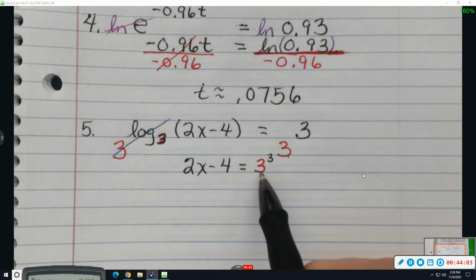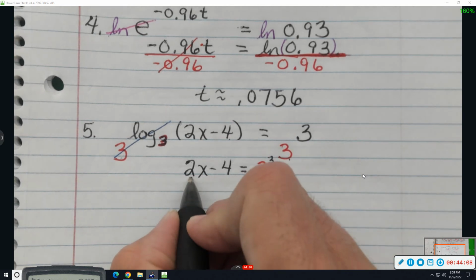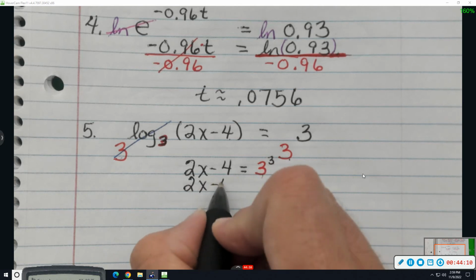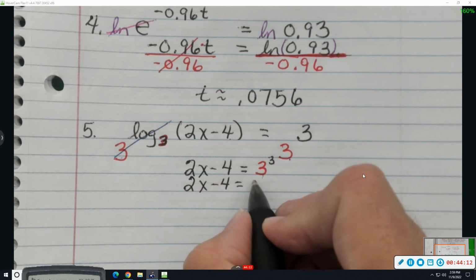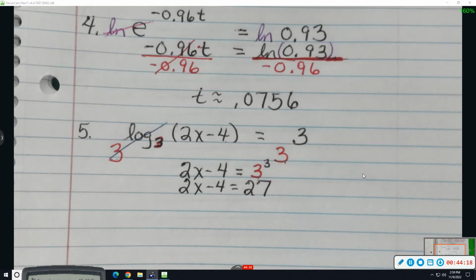I would multiply out 3 cubed. Don't say 9. 3 times 3 times 3. 3 times 3 is 9, times 3, 27? Yes? Okay. And now, divide both sides. No, not divide. What am I going to do to solve for x?